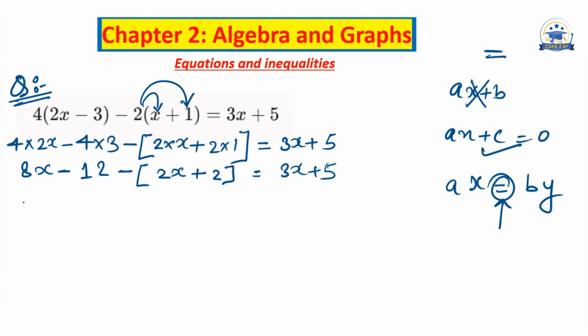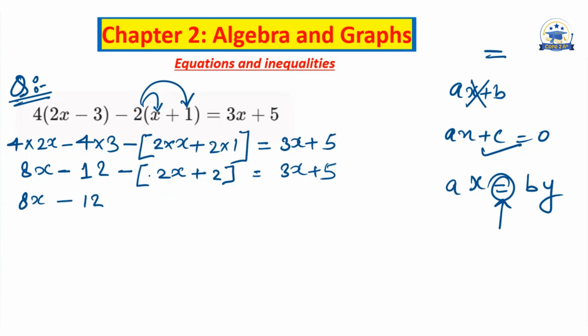Now it's time to remove this bracket, right? How can we remove it? There is a rule. Because here we have a negative sign, all signs under the bracket will be changed. Let's see how. 8x, just write as it is, 8x, negative 12.